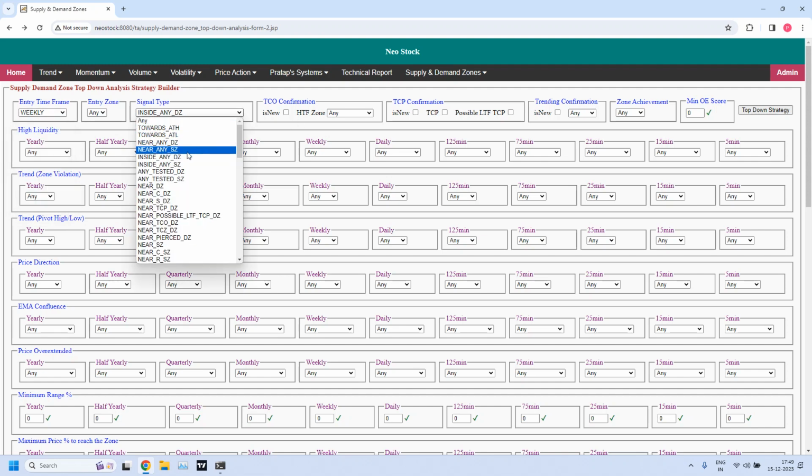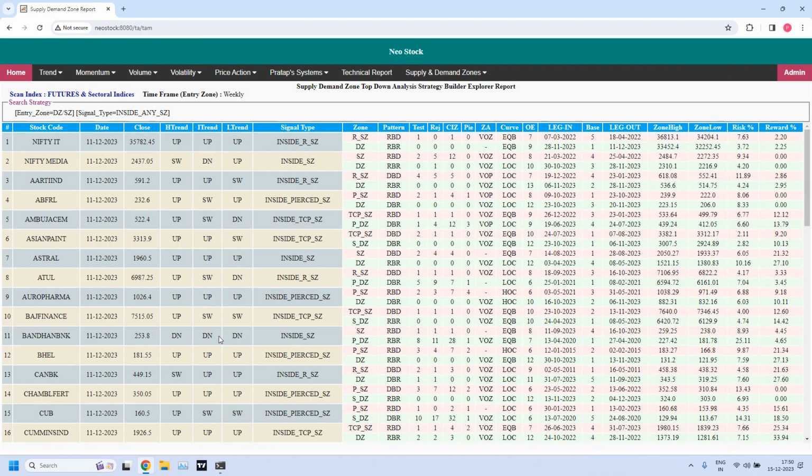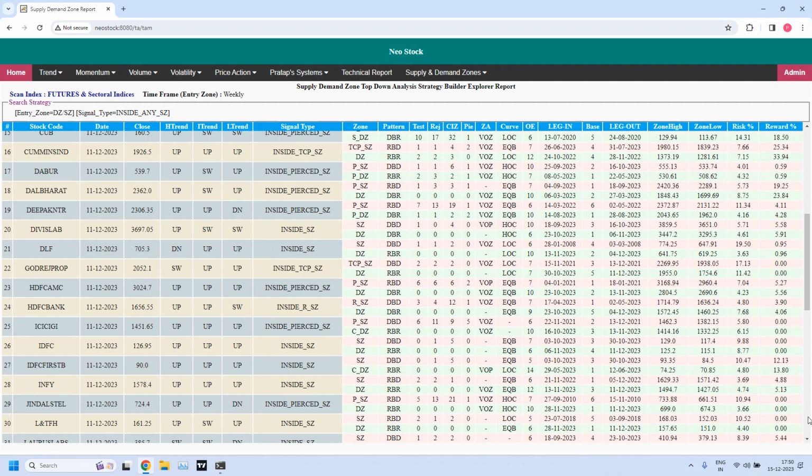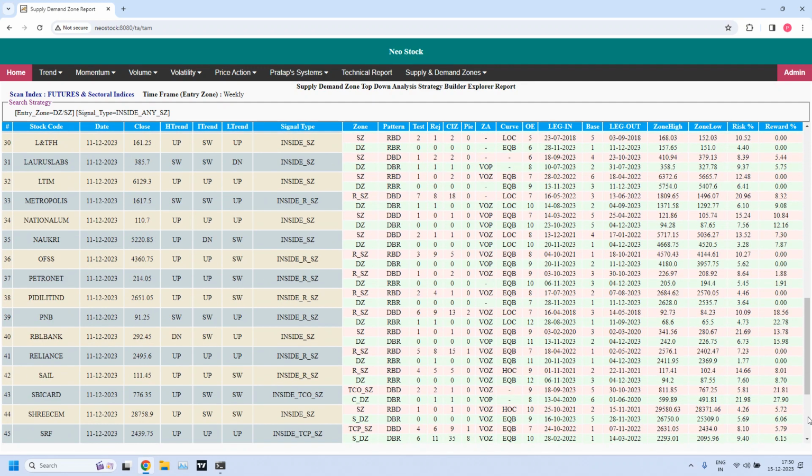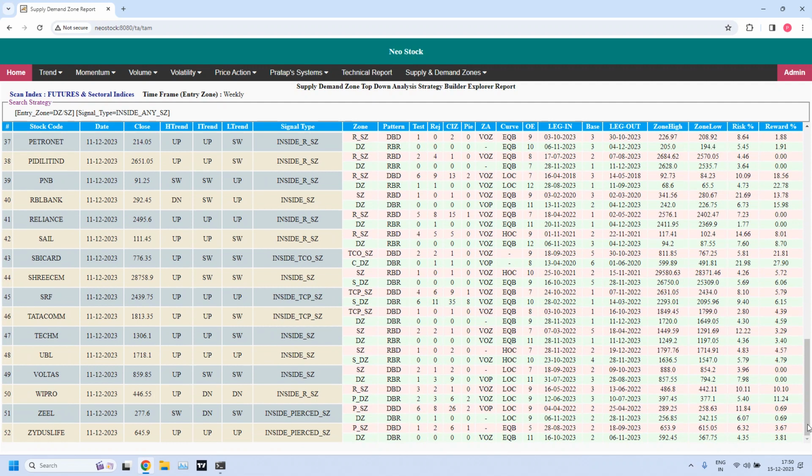Let us find the stocks where price closed inside weekly supply zone. This is the filtered list. So total 52 stocks are there inside weekly supply zone.